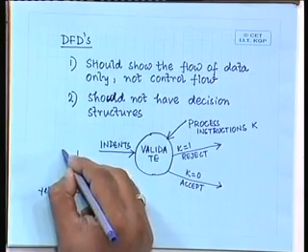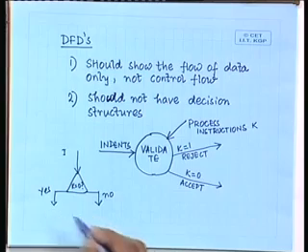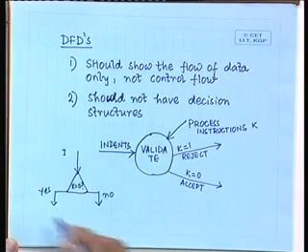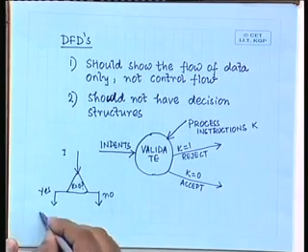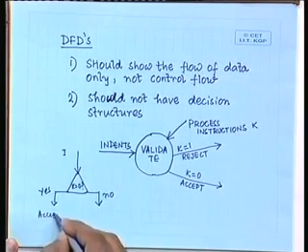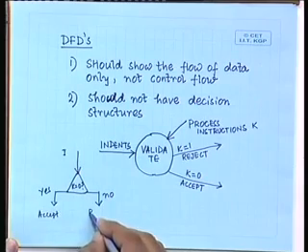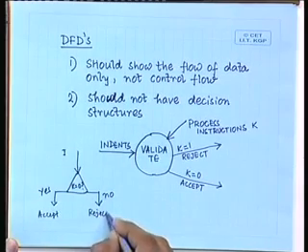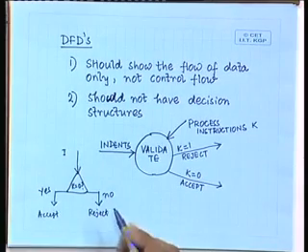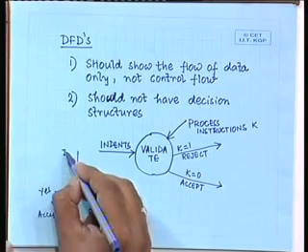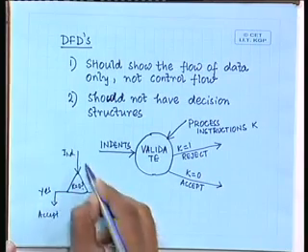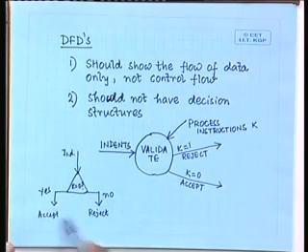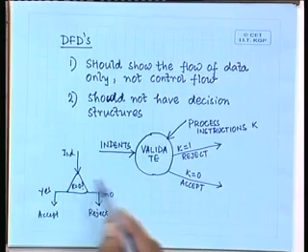So, we have our indents here, and if yes, then we accept, and no, then we reject. Look, so we have the indent coming here, then k equal to 0, yes, accept, no, reject. So, this is a decision structure.